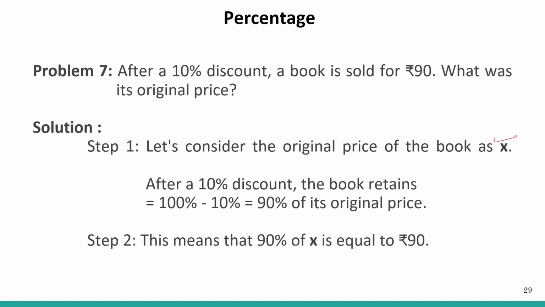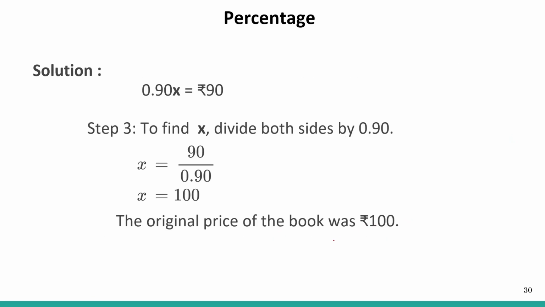So 90% of x is equal to 90. So 0.90x, again we have done the fractional method here, is equal to 90 rupees. To find x, divide both sides by 0.90. So x is equal to 90 by 0.90, that is actually equal to 100. So the original price of the book was 100.